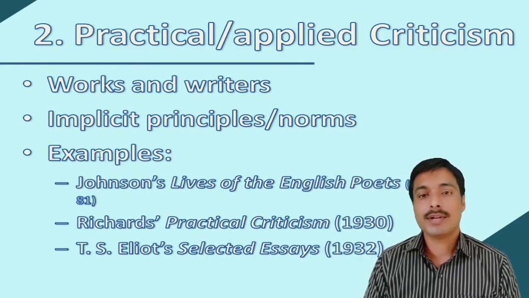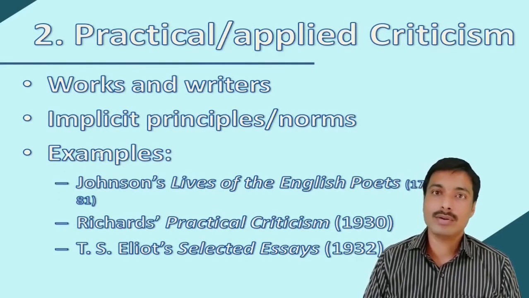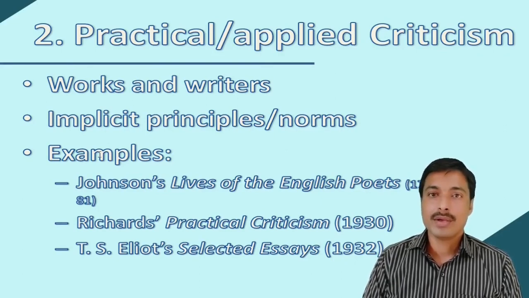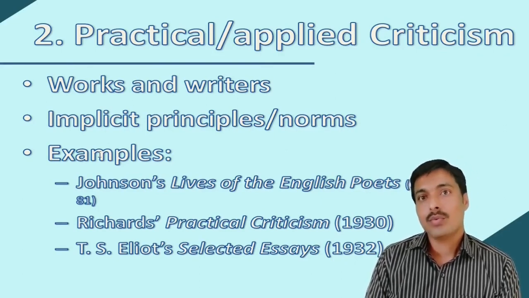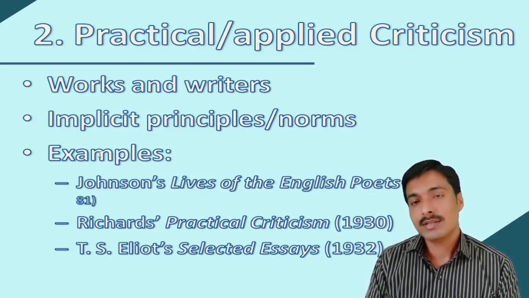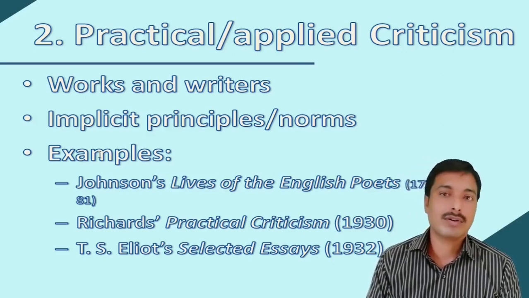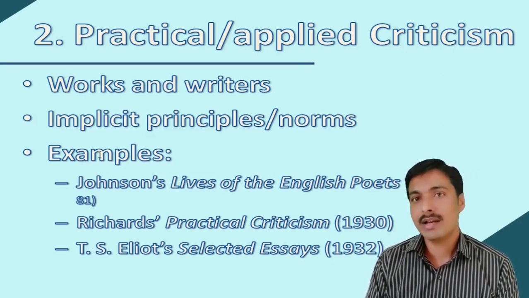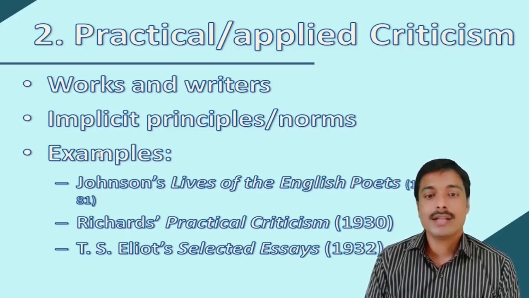The next type of criticism is practical or applied criticism. It assesses individual works of individual writers, but the principles and standards or norms by which assessment is made are often implicit. Here are some examples.